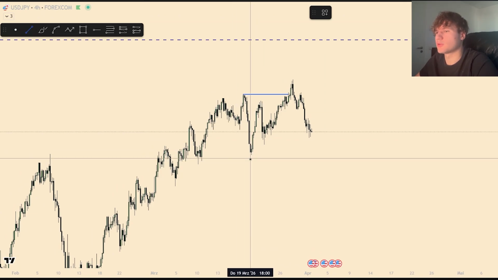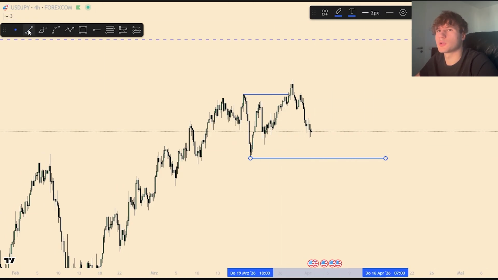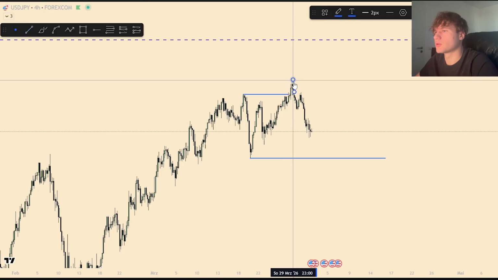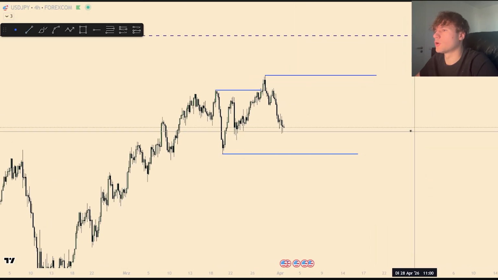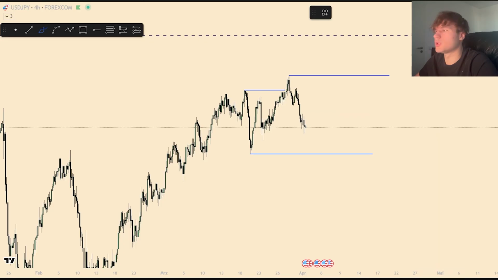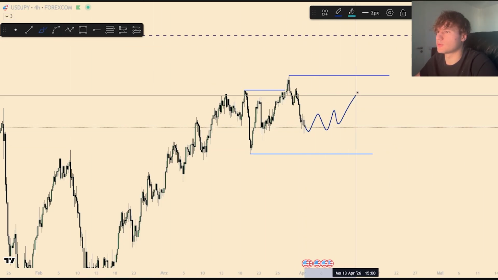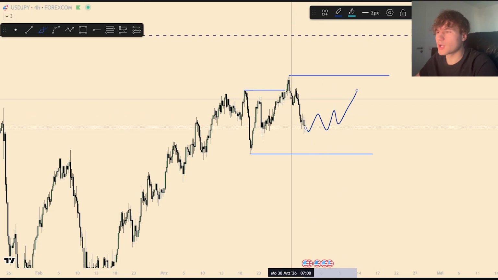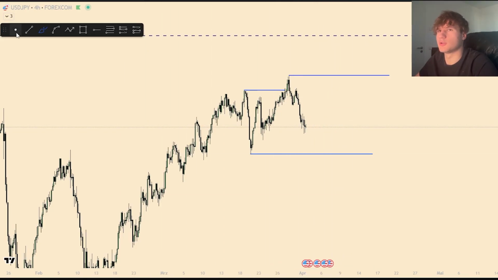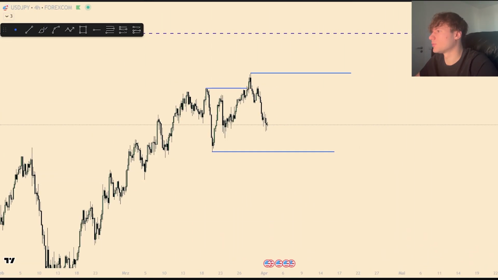Like as long as this low is respected, I'm happy to look for a long if we see development in the pairs, in the indexes, and we see, for example, here a change of character towards the upside on the 4 hours time frame.